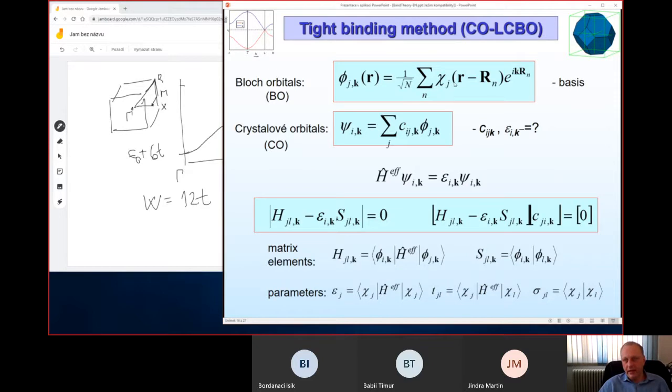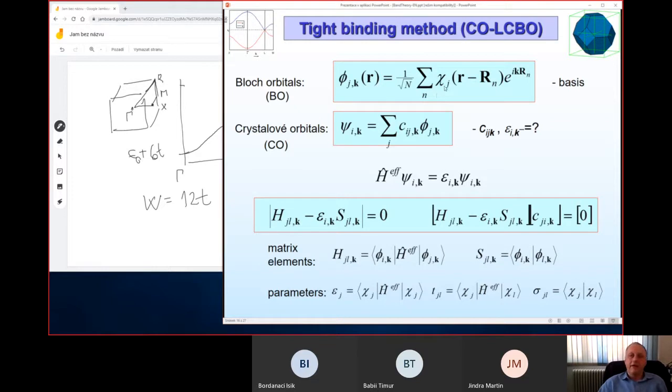They contain a given type of atomic orbital, and we sum over all unit cells. Here it is already defined in 3 dimensions, so we have the scalar product of the k vector and the Rn vector of the corresponding unit cell.